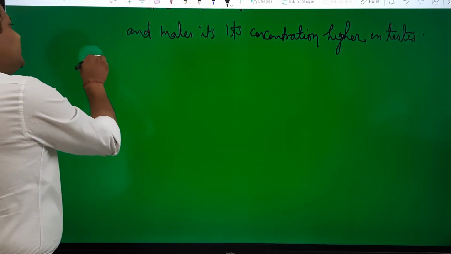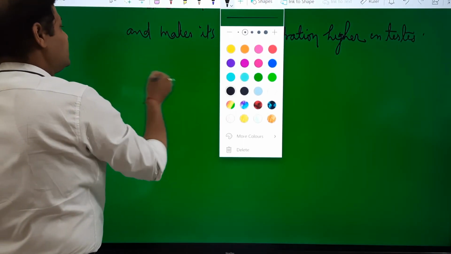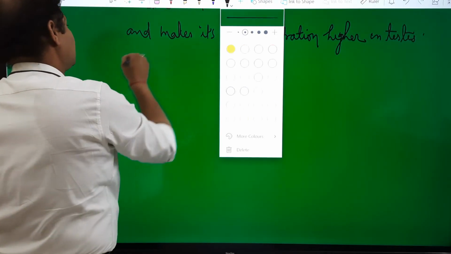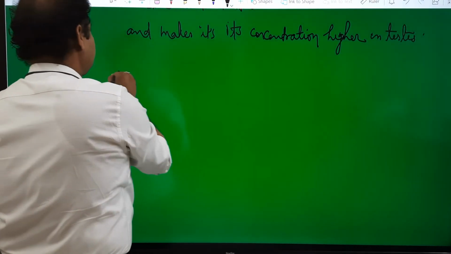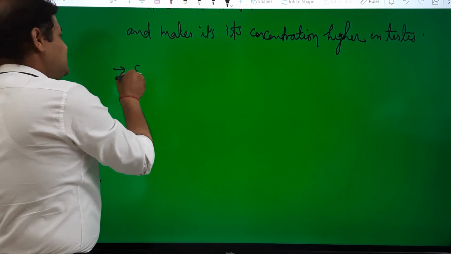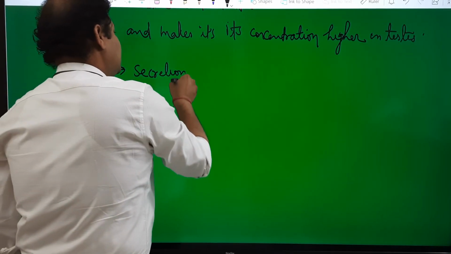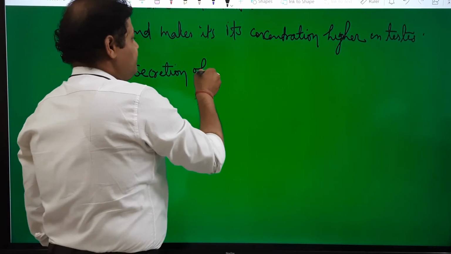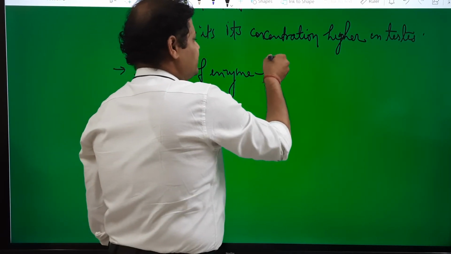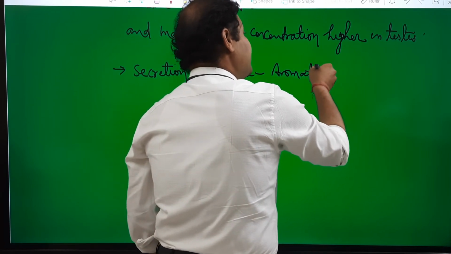Another function of the Sertoli cell is secretion of the enzyme aromatase. A very interesting enzyme.